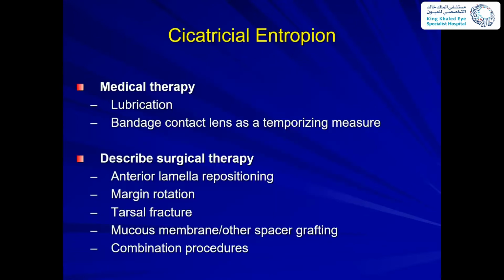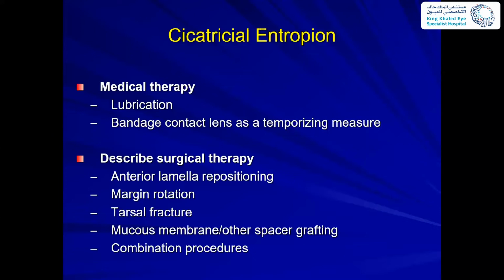So how do we treat cicatricial entropion? Medical treatment is by lubrication, and sometimes we can use a temporizing measure like a bandage contact lens. However, the definitive treatment is surgical. Several surgical procedures are described, and it depends on your comfort, which surgery you are familiar with, you can choose.